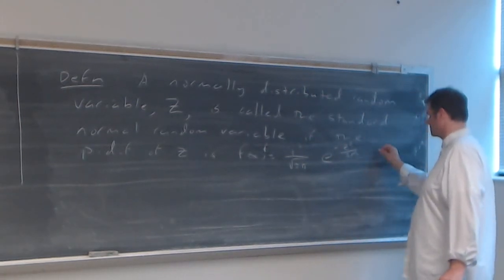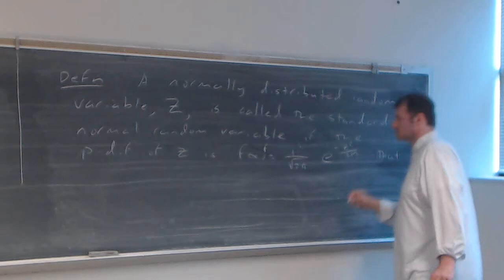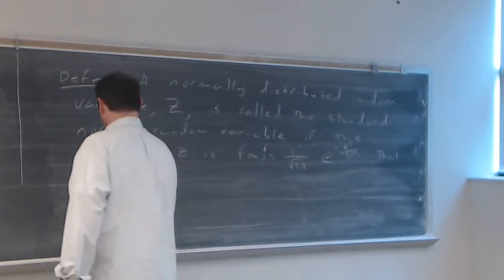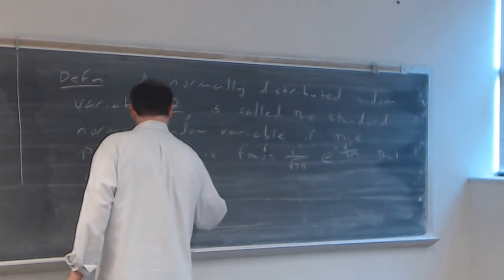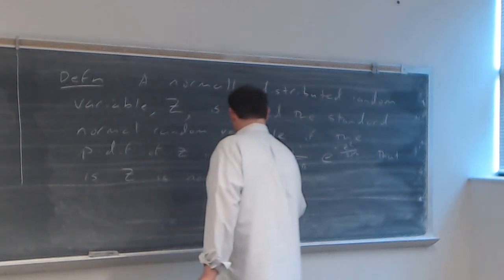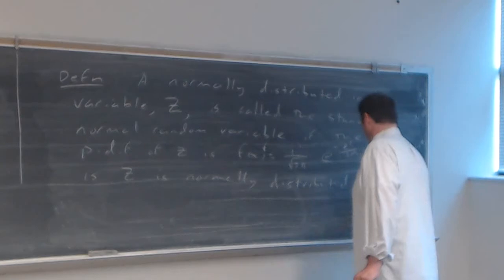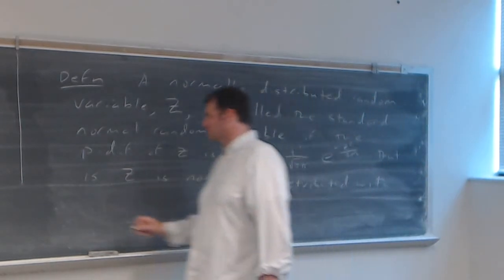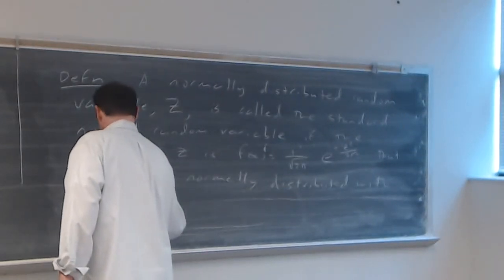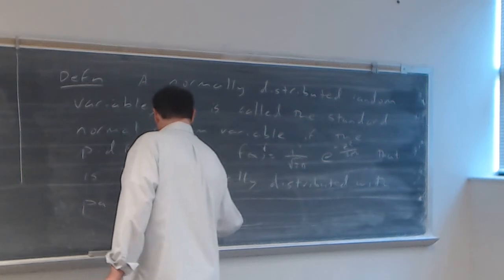That is, z is normally distributed with parameters, what's the mu?